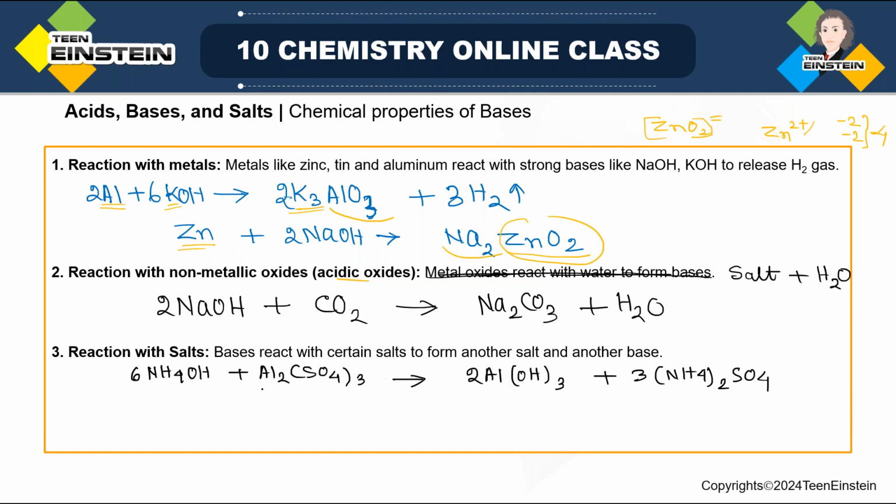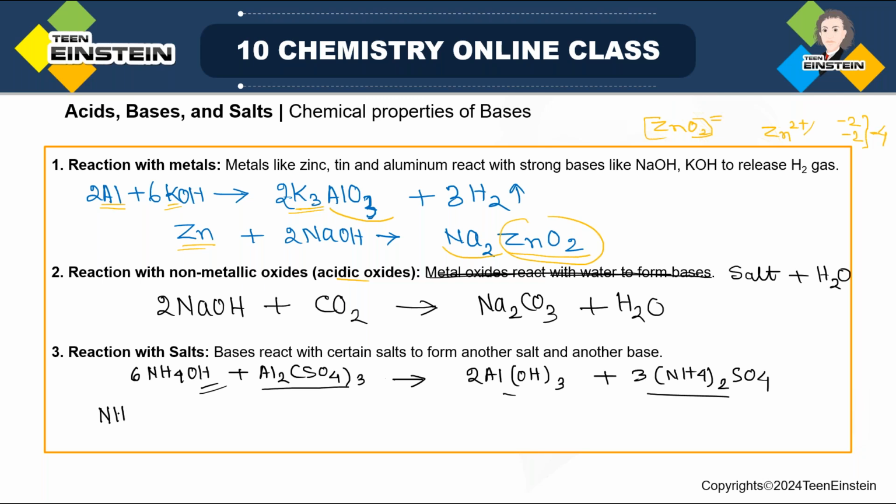So this is a salt on the left hand side, and this is another salt on the right hand side. This base is carrying some hydroxyl ion, and this is also a base carrying some hydroxyl ion. So NH4OH must be more reactive than this, and that is why the reaction is happening from left hand side to right hand side. Right?